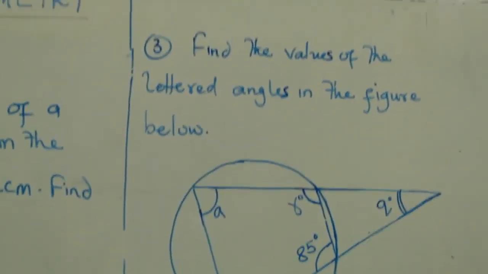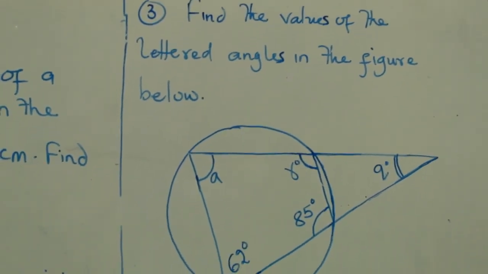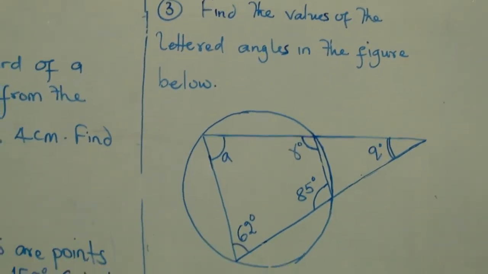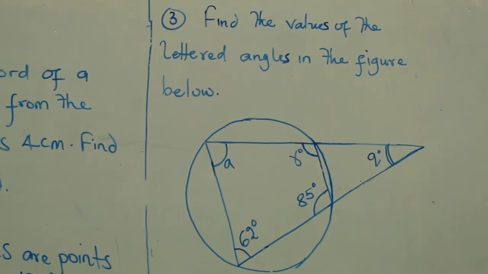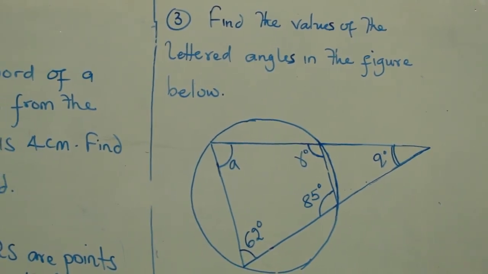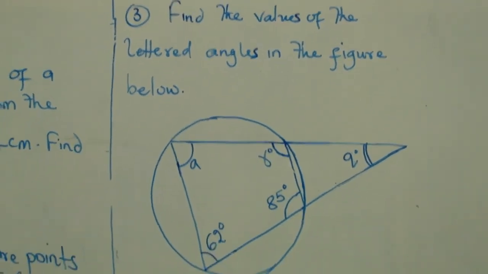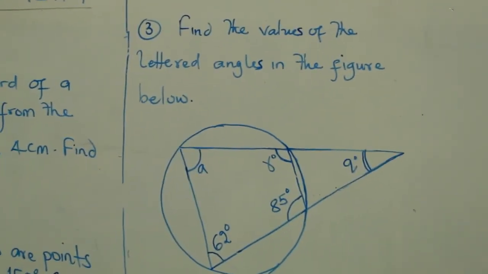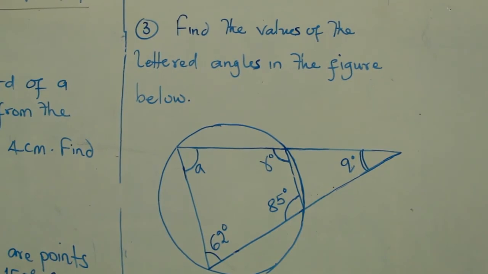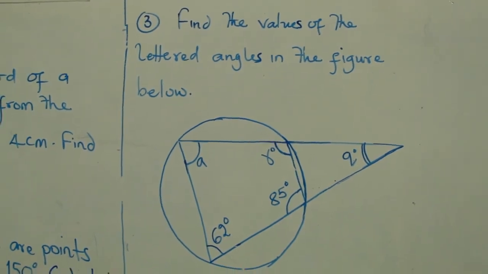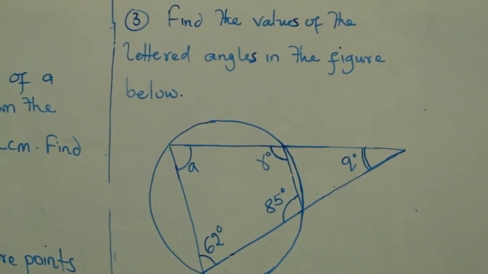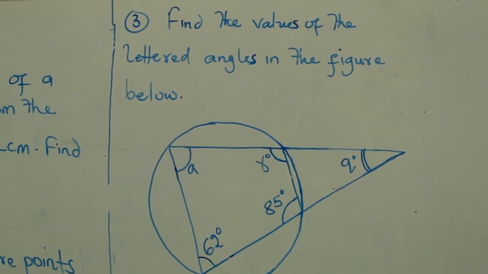And the final one says, find the values of the lettered angles in the figure below. The figure was drawn and you have A, R, and Q to find. So use the theorems that have been taught to find these values.